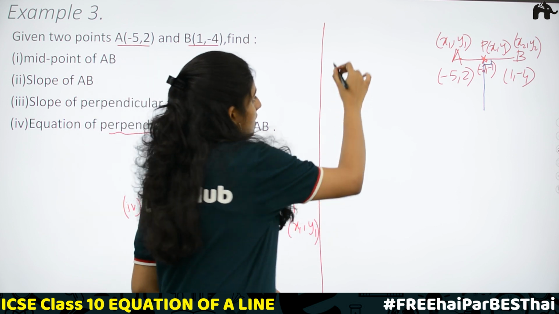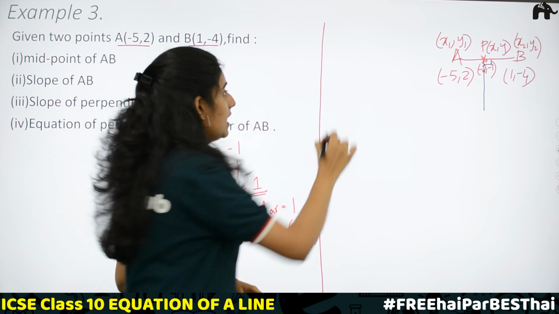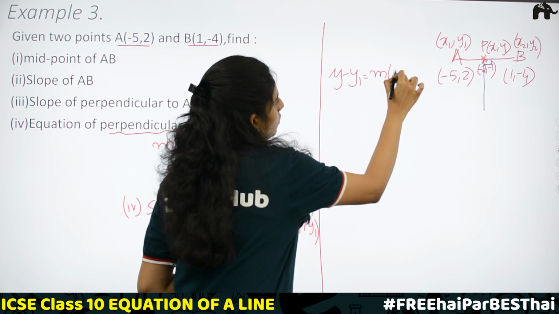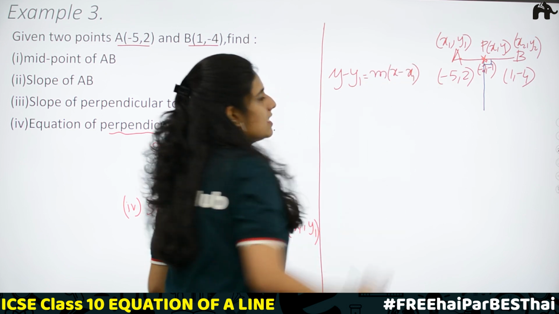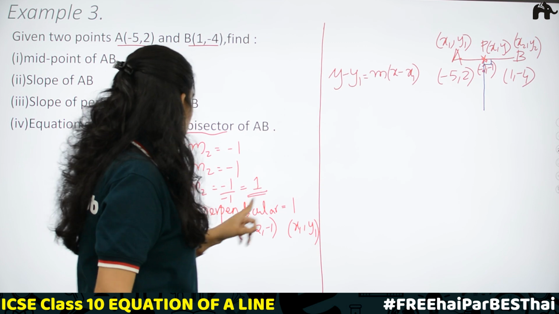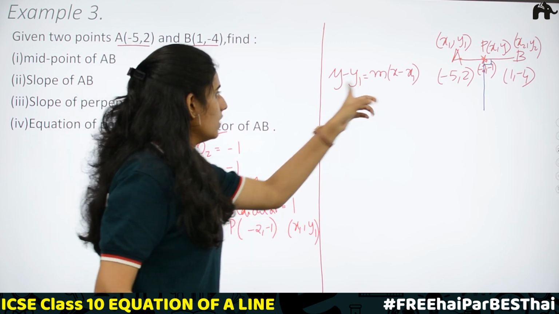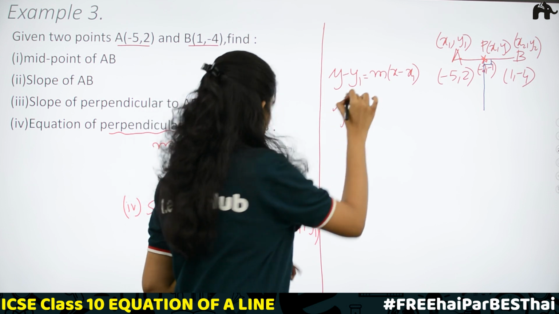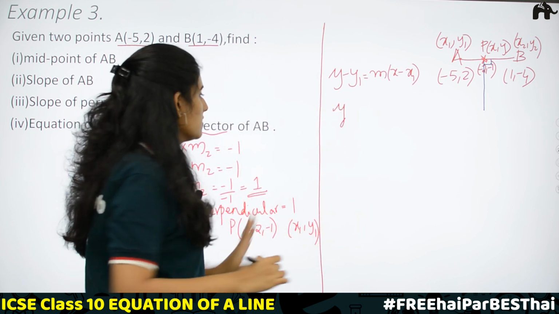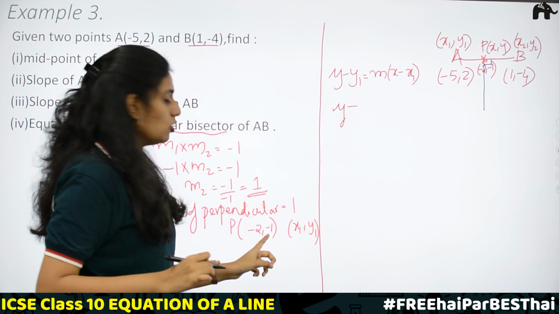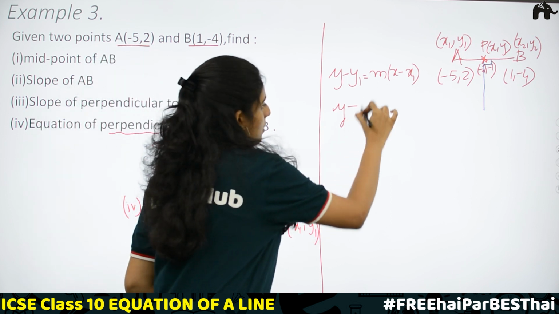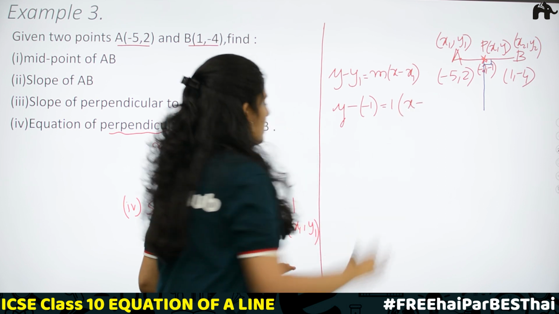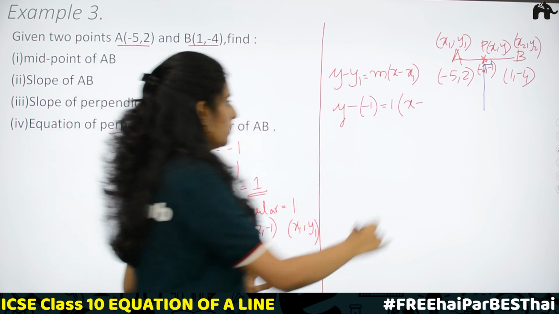Then we have the point slope formula, that is y minus y1 is equal to m into x minus x1. Just substitute the values. We have m is 1 and x1, y1 is minus 2, minus 1. Substituting, we get y minus y1, y1 is equal to minus 1. So y minus of minus 1 is equal to m is 1, x minus x1, x1 is minus 2.